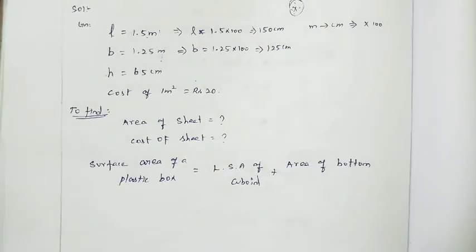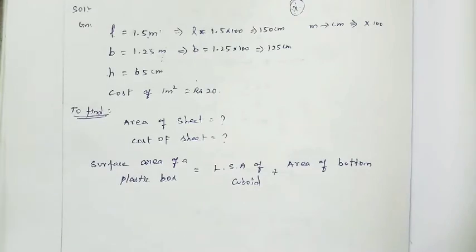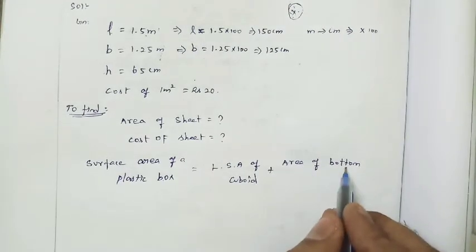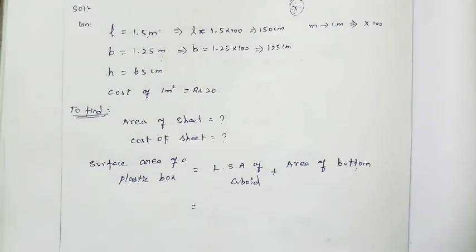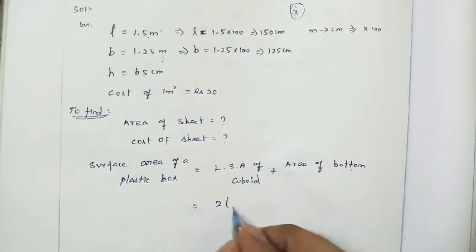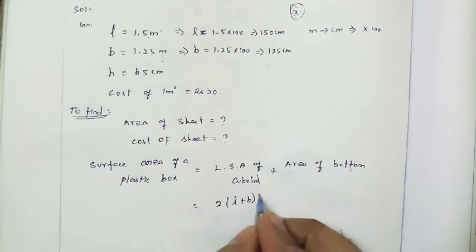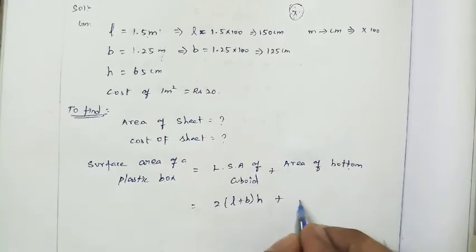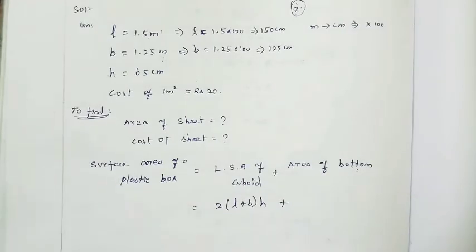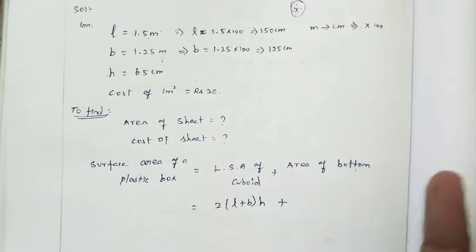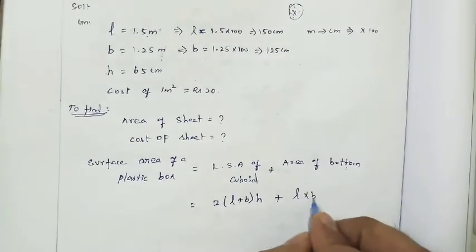In the cuboid we are having 6 rectangles. So use the formula. What is the formula for LSA of cuboid? 2 into L plus B into H. And the area of bottom is the area of a rectangle, length into breadth, L into B.